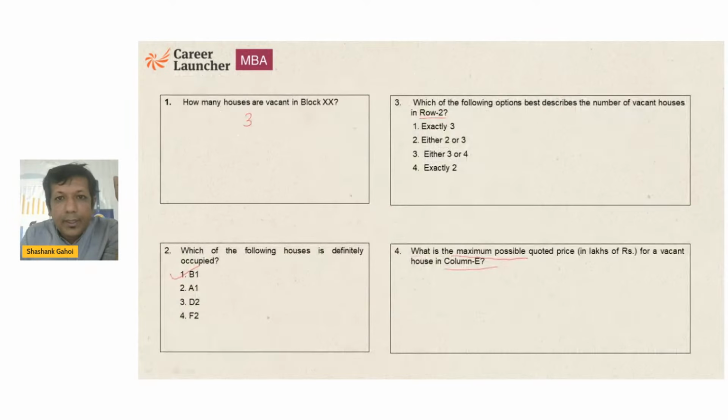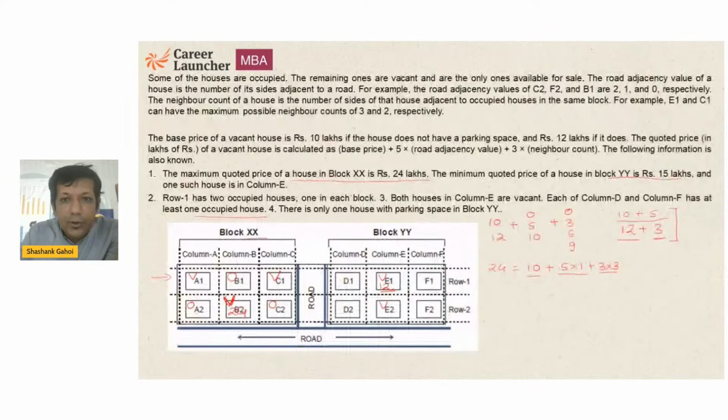Okay. Now, which of the following options best describes the number of vacant houses in row 2? I'm just making one case, and we are going to figure out that if this house is occupied, this house must be vacant, because I know exactly one is occupied, exactly one is vacant. Now, if this is occupied, this can be either vacant or occupied, right? And this house must be occupied.